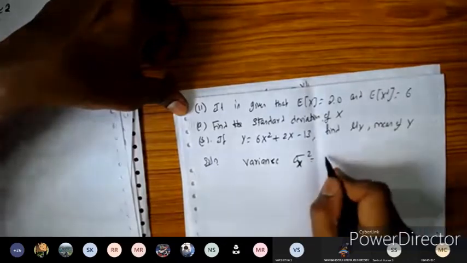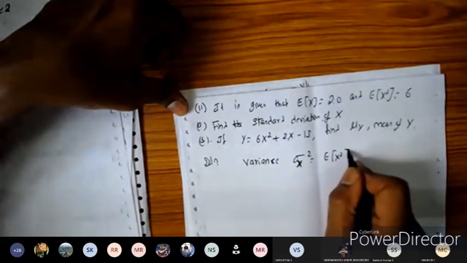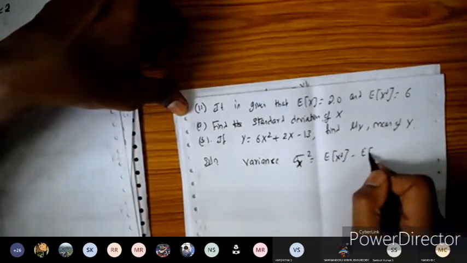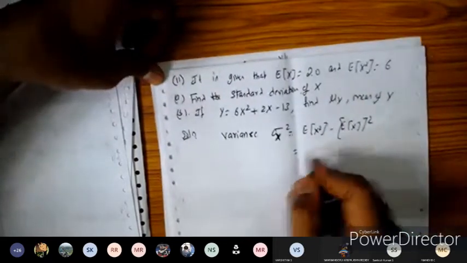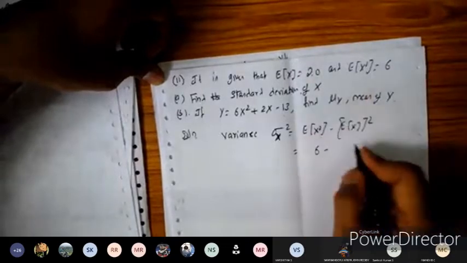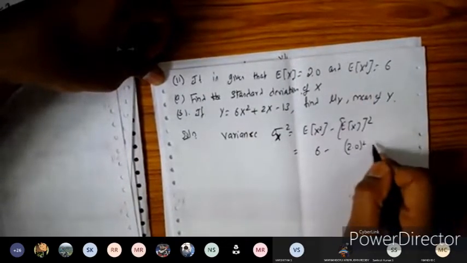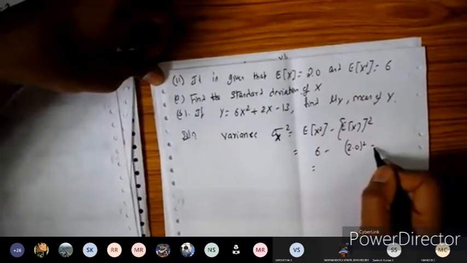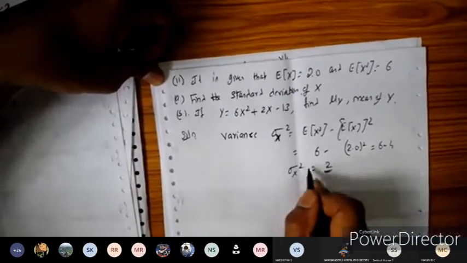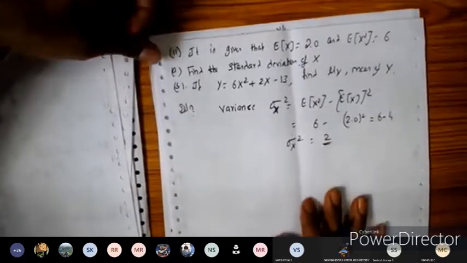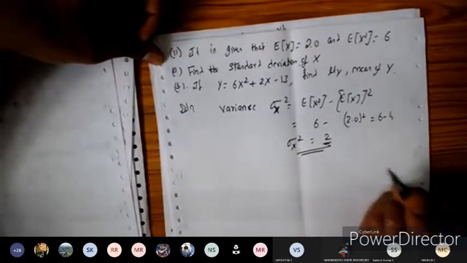Sigma x square is equal to expected value of x square minus expected value of x, the whole square. So this is 6 minus 2.0 the whole square, which is 4. So 6 minus 4 is 2. So the variance will be equal to 2.